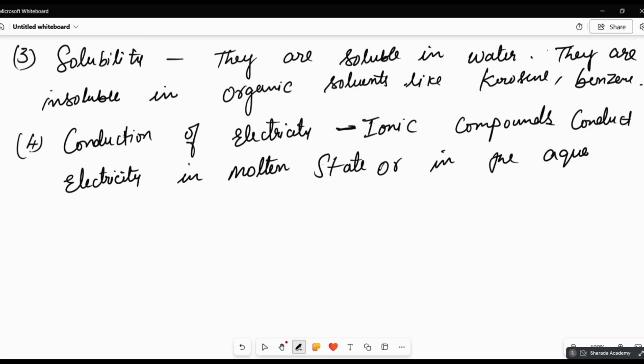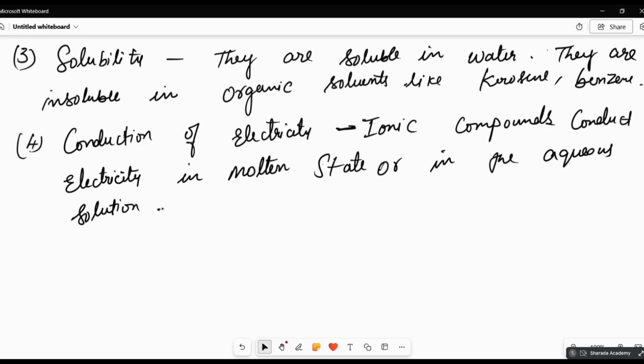What do you mean by this? They conduct electricity in molten state or in aqueous solution. Why? Because the ions can move easily. Electricity is conducted either by free electrons or by ions.